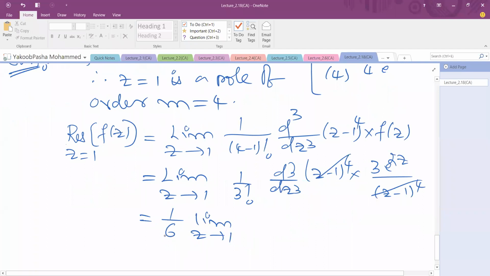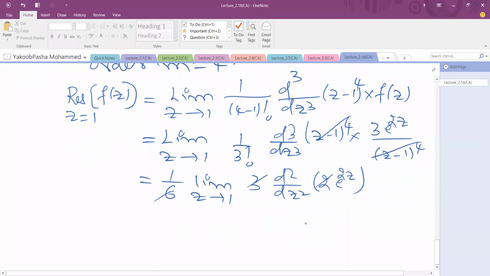Here 3 is there, so we write 3 into, differentiating one time, d square by dz square of 2 into e to the power of 2z. 2, 3, 6 will be cancelled. Okay. So this is equal to the limit z tends to 1. Again differentiate this.